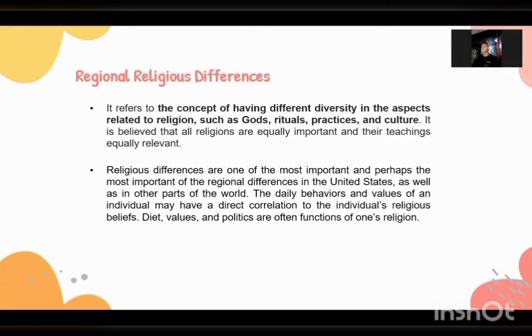So the daily behaviors and values of an individual may have a direct correlation to the individual's religious beliefs. The diets, values, and politics are often functions of one religion. The study of Newport in 2014 found significant differences in the religiosity of American people.